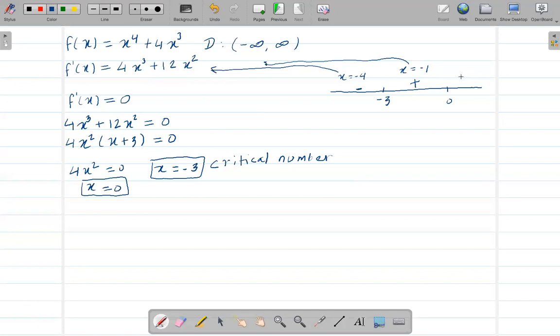And also if you pick any point on this region, let's just take x equals 1, you'll get this positive too. All right, so this is negative, so this is decreasing.